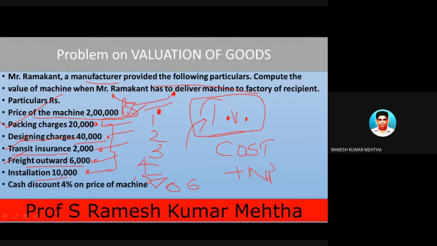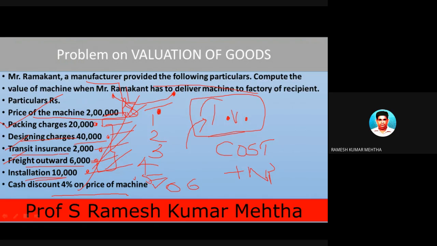Installation. After the machine is received by the end customer, engineers or specialized people from the manufacturer's end will visit the site of the receiver, and they will help in installing this machinery. So installation has also taken place, and the buyer is asking for a discount, and the discount given by Ramakant to the recipient is 4% on the price.